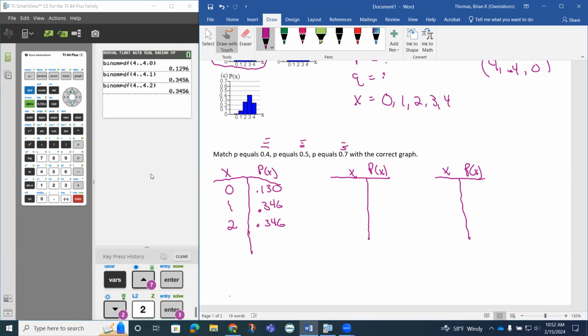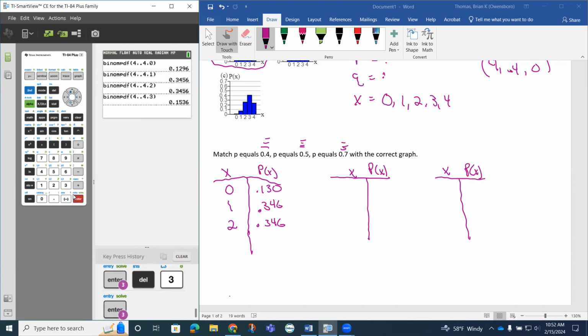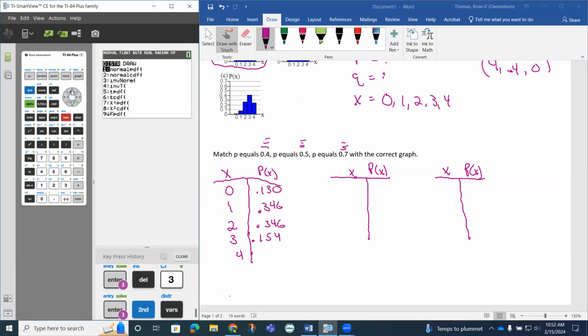Then if we go to 3 successes, change it to 3. It's going to give us 0.154. And then 4 successes. We do that one, moving it to 4.